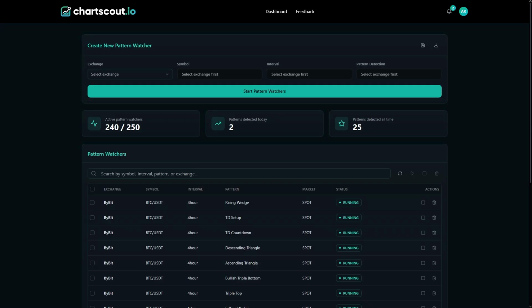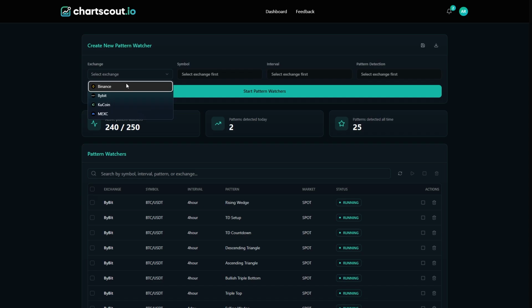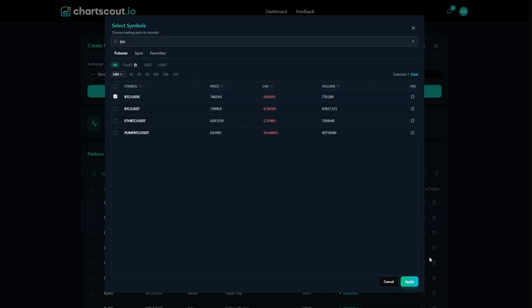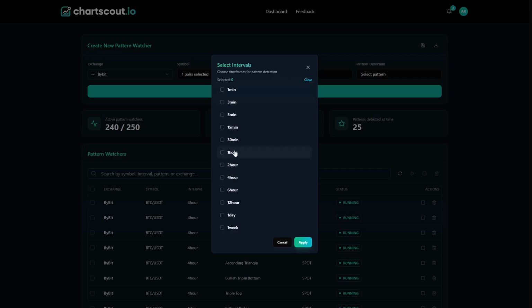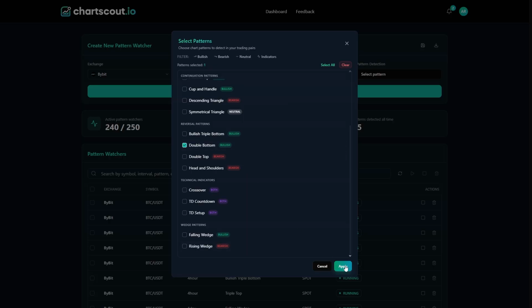The core concept here is the pattern watcher. And I want to be clear about what that actually means because it is simpler than it sounds. A pattern watcher is just one combination of 4 things: one exchange, one trading pair, one time frame, and one pattern. That is one watcher. So, if I want to watch BTC on the 1-hour chart on Bybit for a double bottom, that is one watcher.